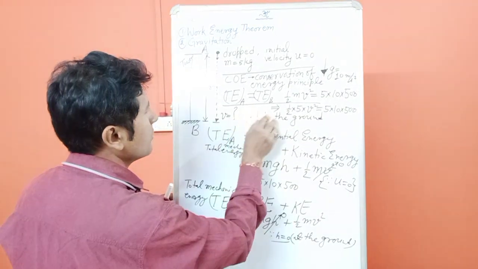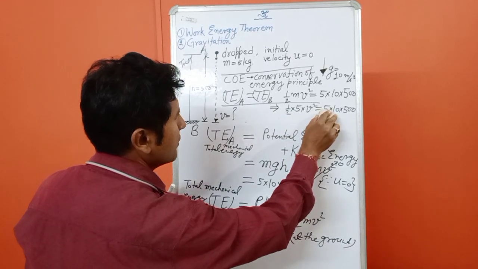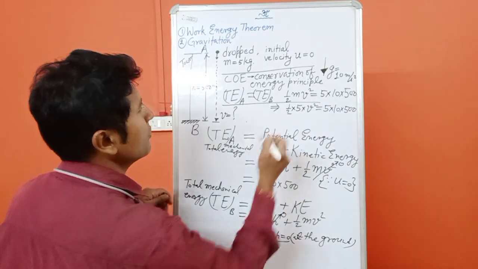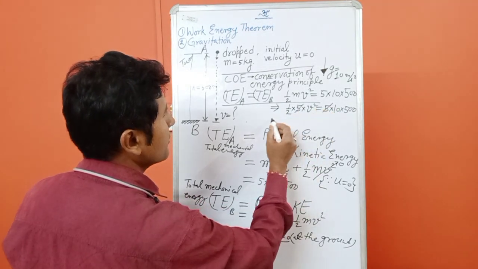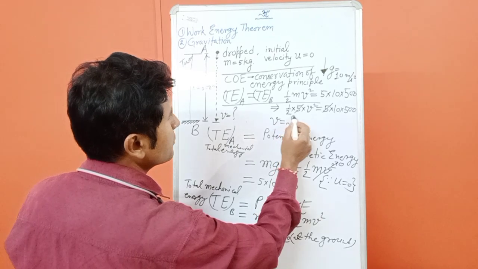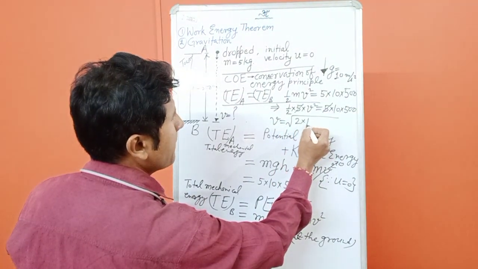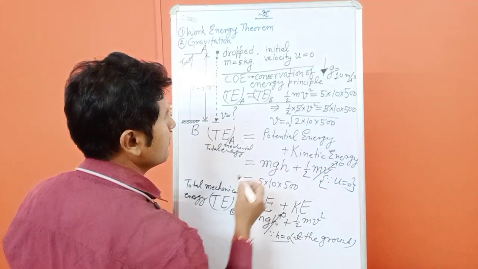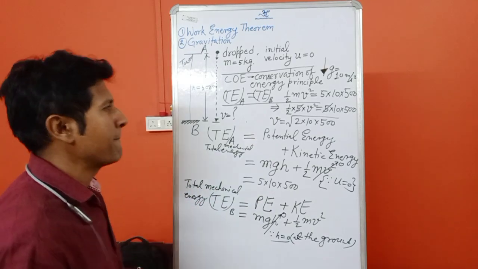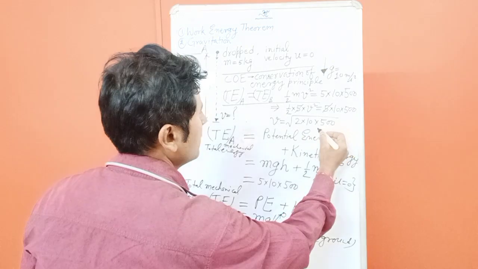Now hence we can find out the value of v here, right? So v will be square root of 2 into 10 into 500, right? So then it will be again 10.